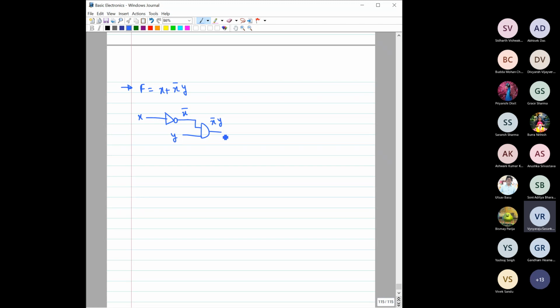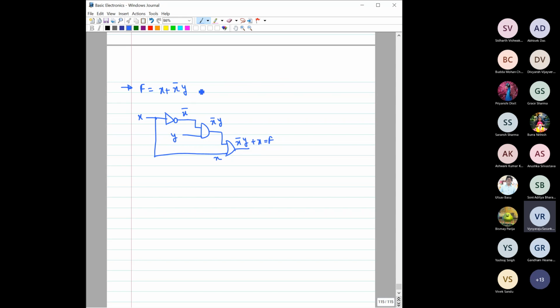And with this we can use an OR gate, and here this is the x, so this is x and this is x bar y. No, this would be one more, right? It is plus x, so this is the function. This is one of the ways by which you can implement the circuit.